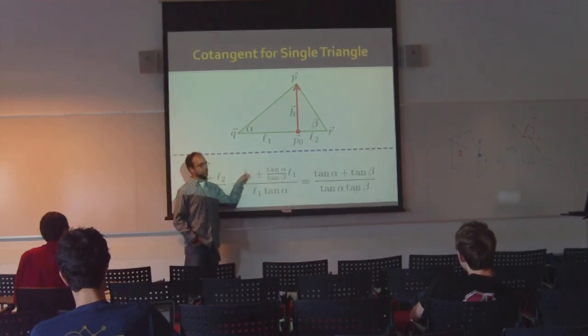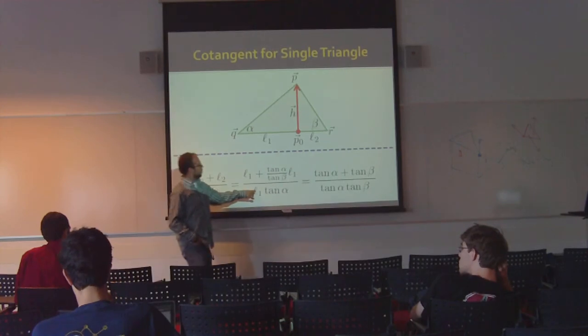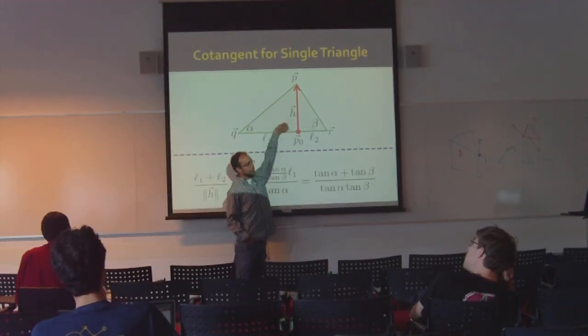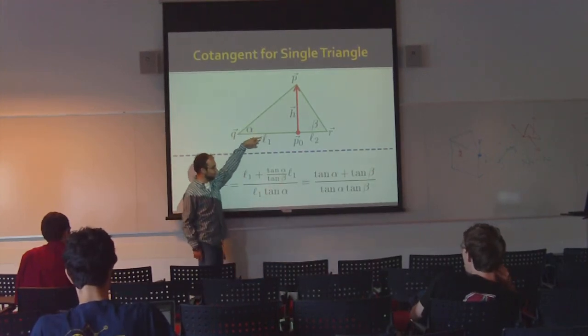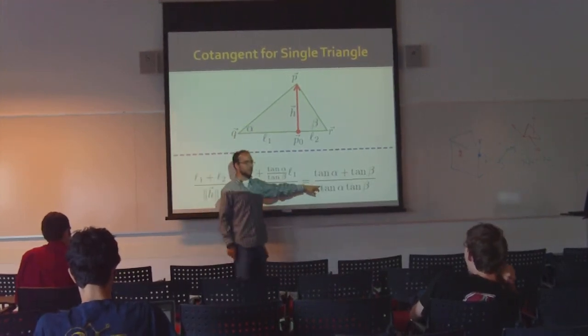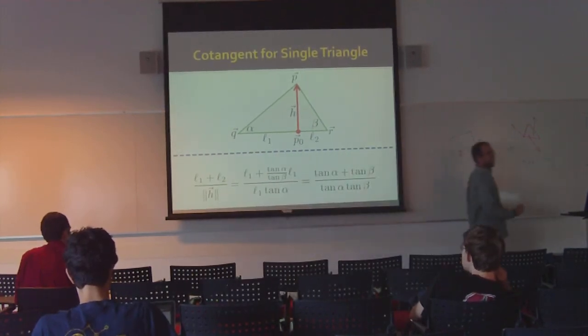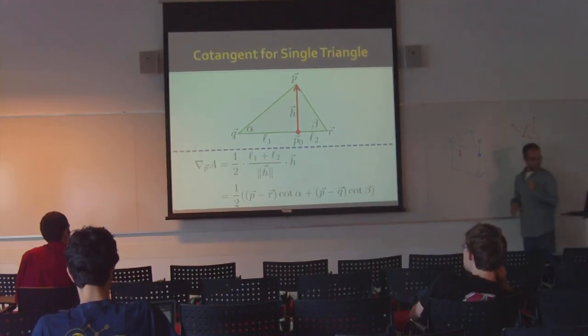We use our favorite substitution upstairs, same one we used before. On the bottom, well, what is the height of this triangle? Well, again, you think of it as L1 times tangent alpha, right? So we get this number for the ratio. So finally, we can combine all the elements that we want to get the gradient of area, right?